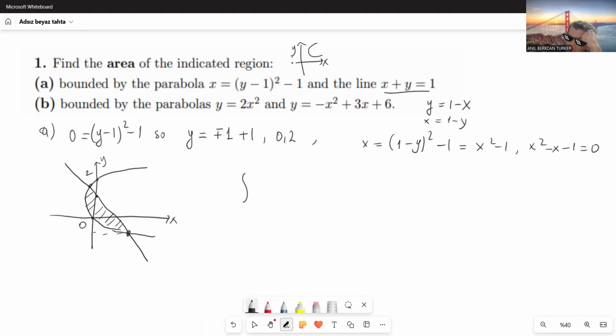So I need to solve this. So b squared minus 4ac. What are a, b, c? a is 1, b is minus 1, c is minus 1. So this is like 4.